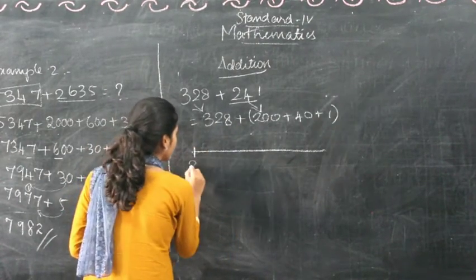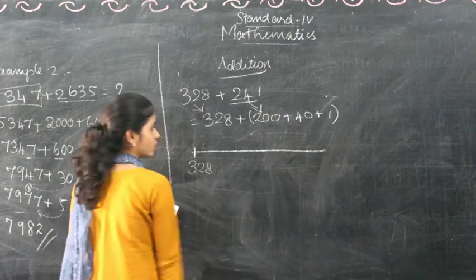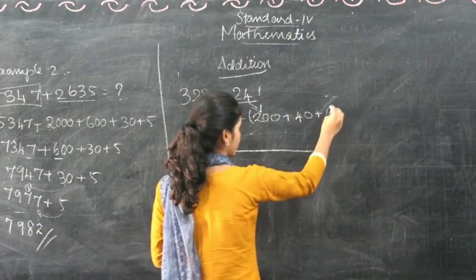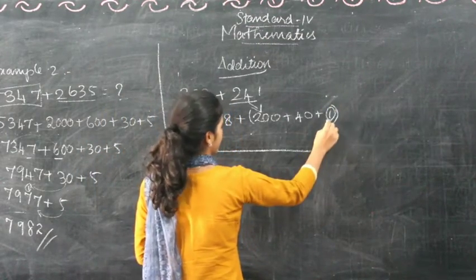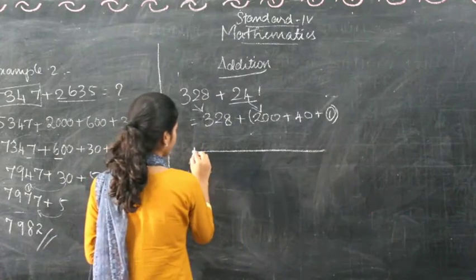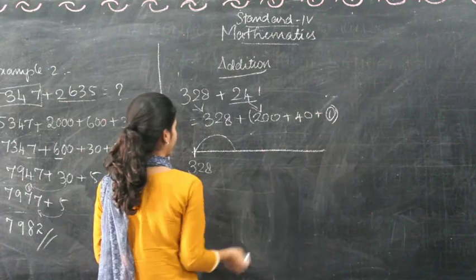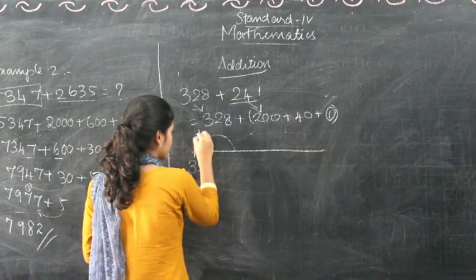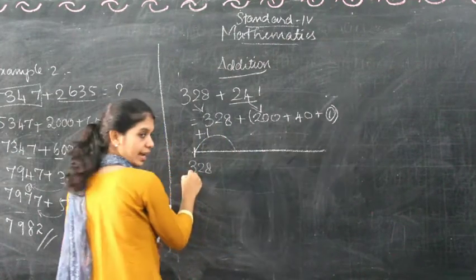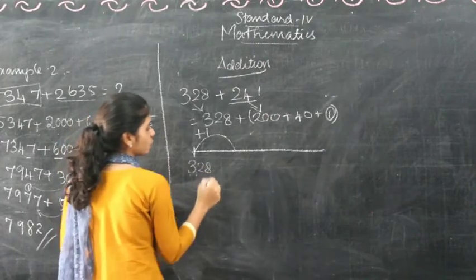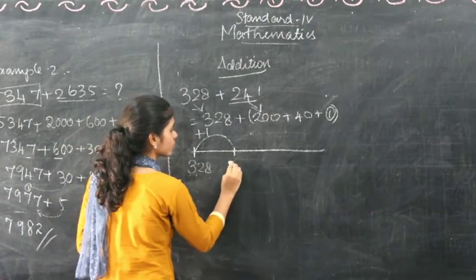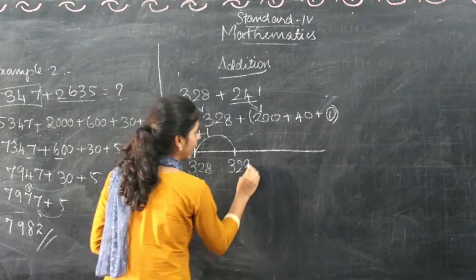Now we are going to take a scale. We have 328 and we add the last term, the unit first. Unit is 1. So we are adding 1 to 328, which will give you 329.